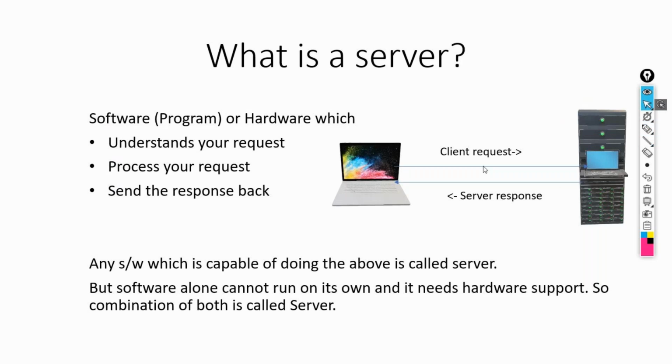Did you guys understand? So basically, every application we access, whether we click a link or a button, we are sending some data to the server, and the server is understanding it, processing it, and sending the response back. All these three are done by the server.